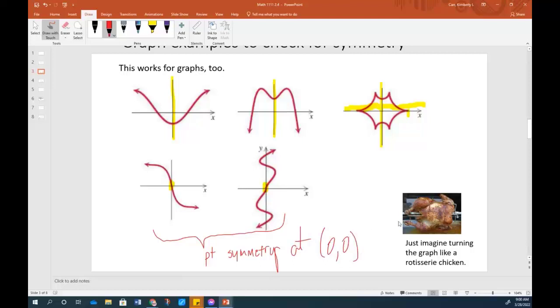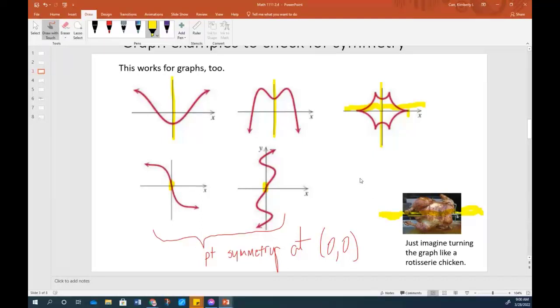Now, for line symmetry, what you're generally dealing with is just trying to visualize, like when you have a chicken and we have stabbed it with a spit, like the rotisserie chickens at Walmart or something. The top part looks like the bottom part. Now I know realistically if we actually spin it, the back doesn't look like the front, but where that little upper wing is, it would end up where the bottom wing is.